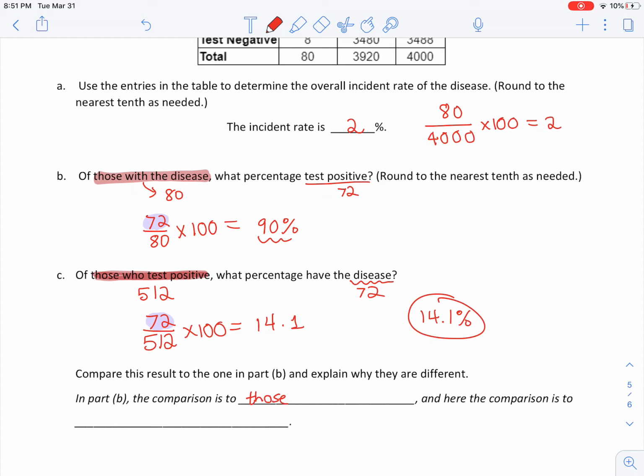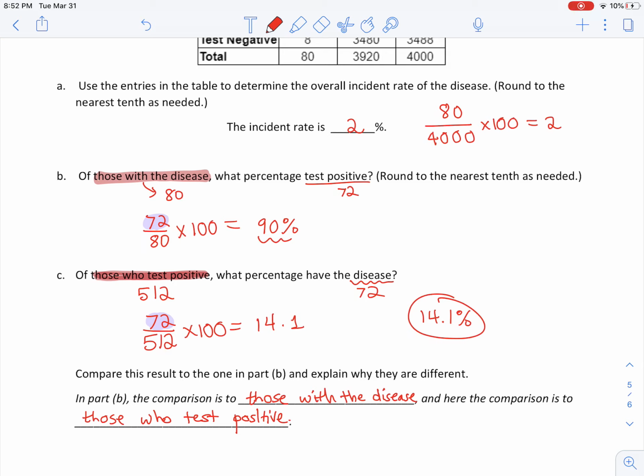In part B, the comparison was to those with the disease. That was the denominator for part B. Whereas here in part C, the comparison is to those who test positive.